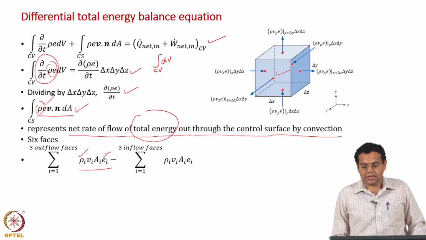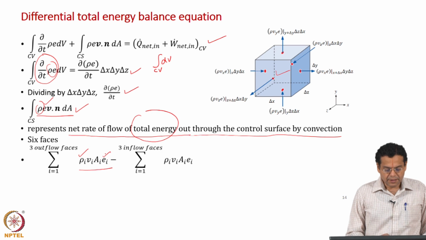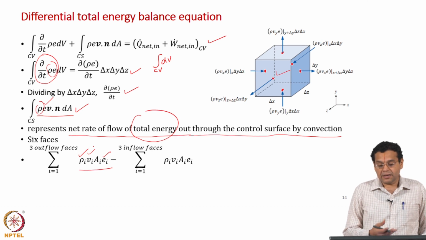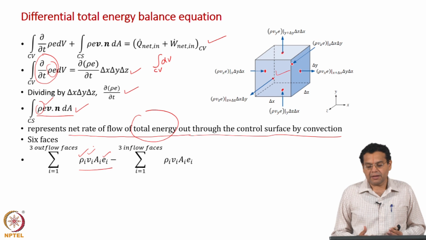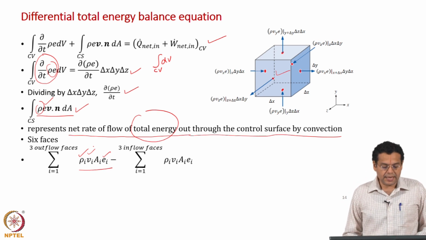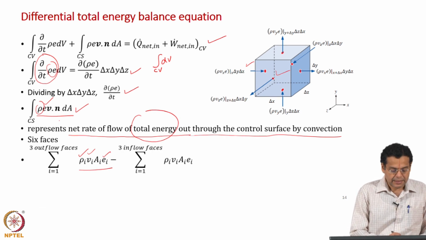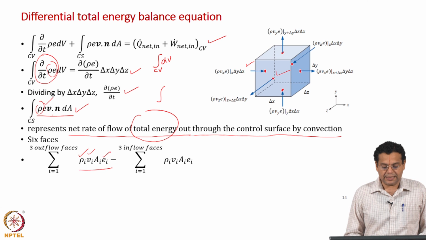The velocity is perpendicular to the face, and so V dot n is written as V here, and then as we have done for rho and E to have an average value within the control volume, in this case we will take rho, E and velocity to have an average value over this face, and since it is an average value over that face, it is a constant across that area, and then we can take out all the terms, that is rho, E, V outside the integral, and we will be left with integral of dA, and that is written as A here.